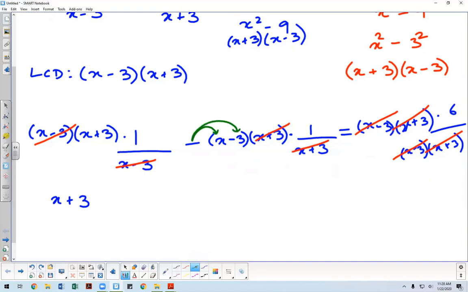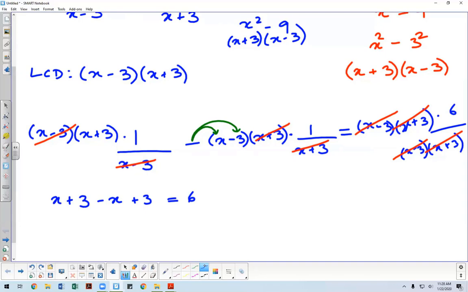Minus x plus... Very good. Yeah, exactly. So when I distribute that, it becomes negative x, and negative times negative becomes positive 3. You know, Iram, it does look like your x is canceling out, doesn't it? Yeah. And then on the right-hand side, since everything canceled out, we just had that 6 left behind.